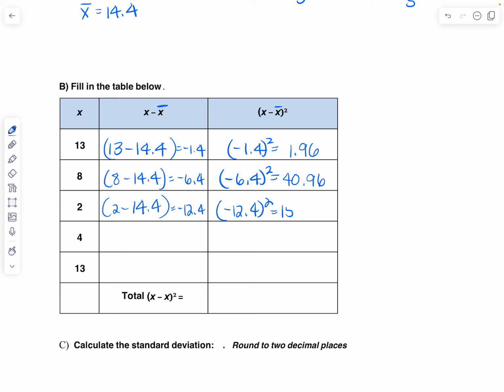And this one's 153.76. 4 minus 14.4, which is going to give me negative 10.4. And then I'm going to take that value and square it. I get 108.16. And the last one is 13 minus 14.4.